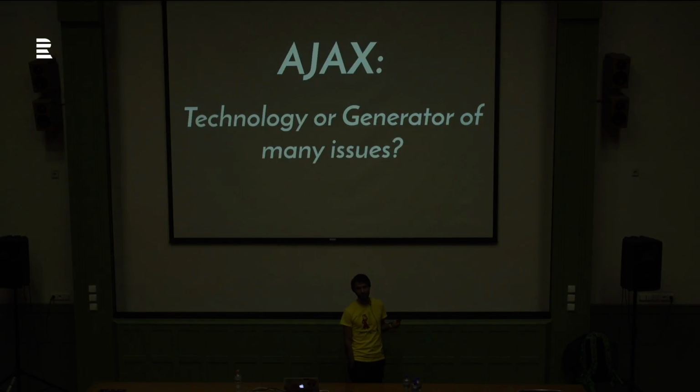Also, SEO experts hated it, mainly because at that time crawlers were not able to crawl the pages, they were not able to get certain information from the page, and they just got the initial state of the website. So in order to address that issue, Google introduced the so-called hashtag convention.